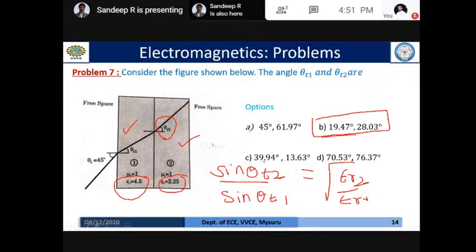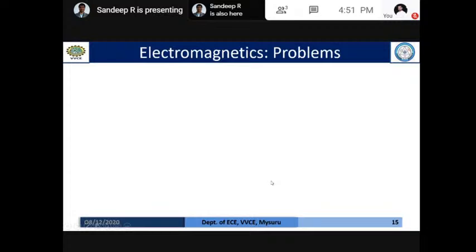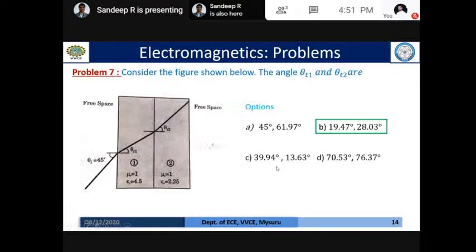Theta T1 was calculated in the previous step. If you calculate the second angle, it comes to around 28.03 degrees. So the second option is the correct answer.